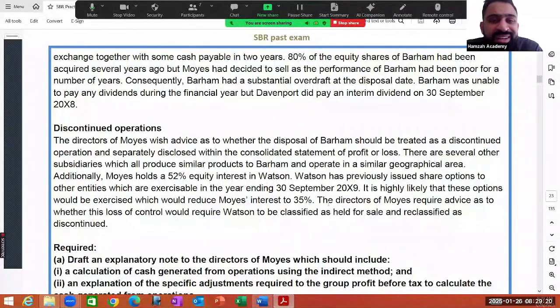But if none of the criteria is fulfilled, then obviously Barham cannot be presented as a discontinued operation. Yes, it can still be presented as a non-current asset held for sale, but it cannot be presented as a discontinued operation separately in the profit and loss account. Now, my question to you is, what is your take on this?